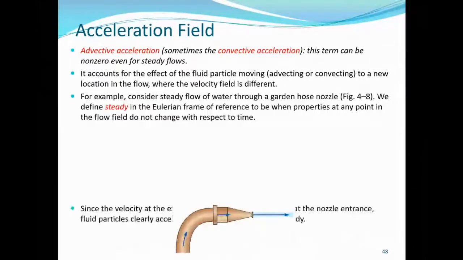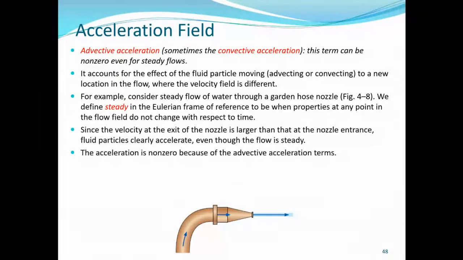We just want to emphasize on the nozzle. You see, the velocity here at the inlet, Vi, is less than the velocity at the outlet, Vo, meaning the velocity changes. The value of the velocity here is different from the value of the velocity here.